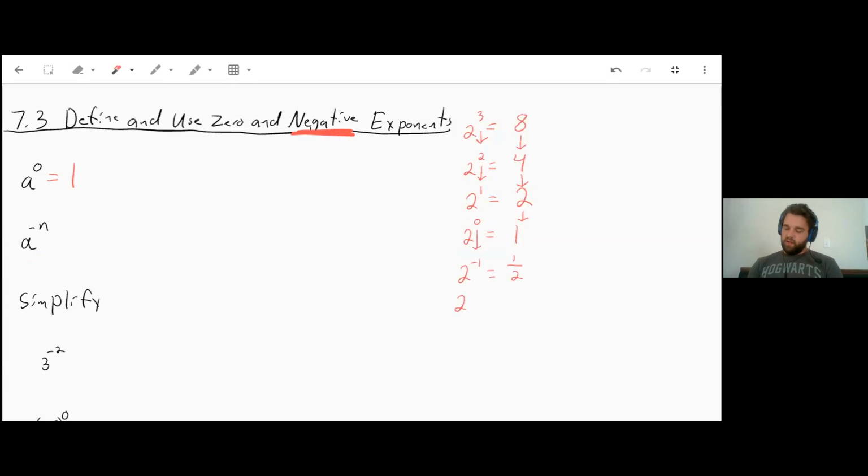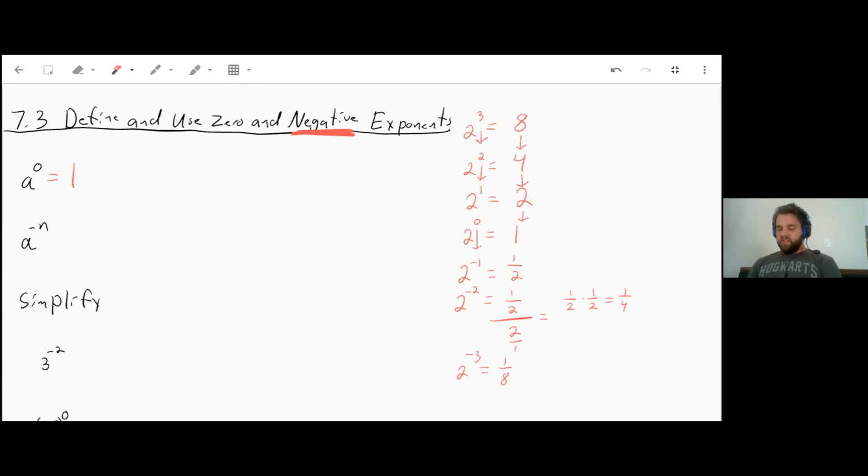And then 2 to the negative second will be 1 divided by 2 divided by 2, which, if we turn that into 2 over 1, we can then flip and multiply our fraction. So 1/2 times 1/2 is going to be 1/4. And then 2 to the negative third, we divide by another 2, which would be the same as multiplying 1/4 by another 1/2, which will give us a 1/8.